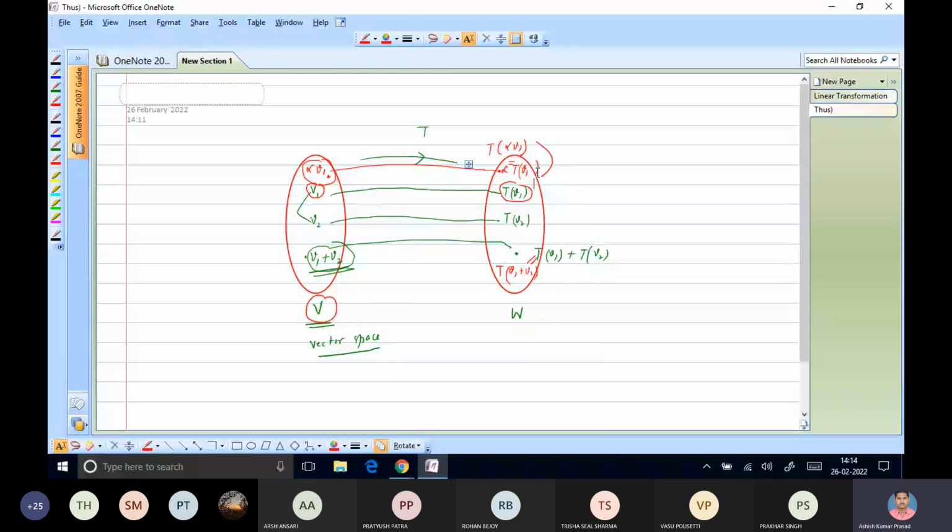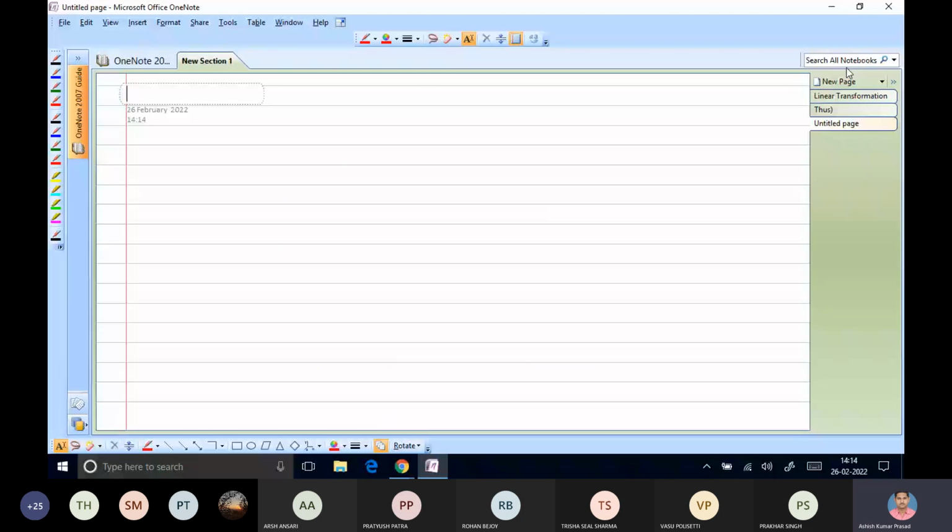Yes. So let us take some examples in order to understand linear transformation. First of all, let us take the example of projection.